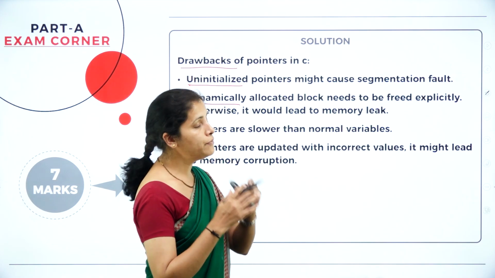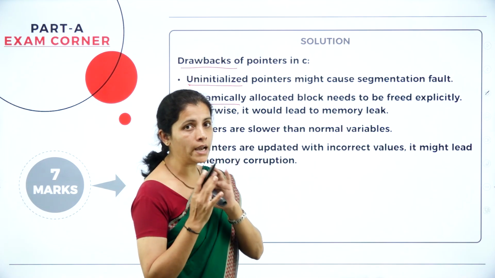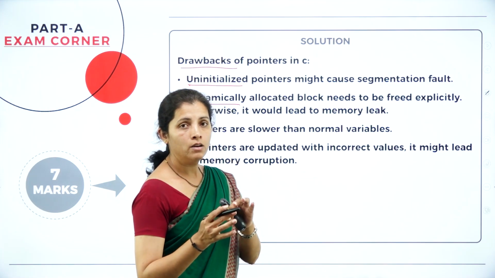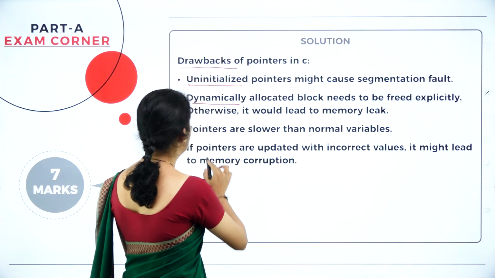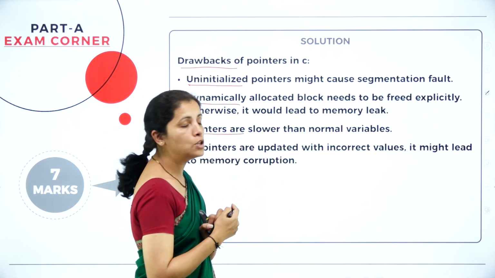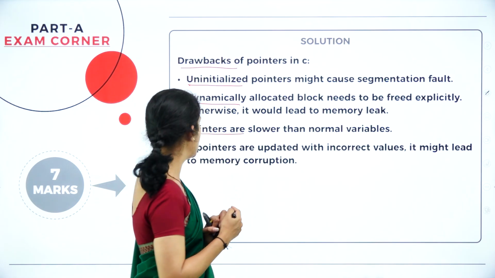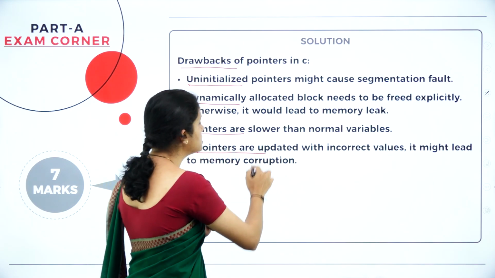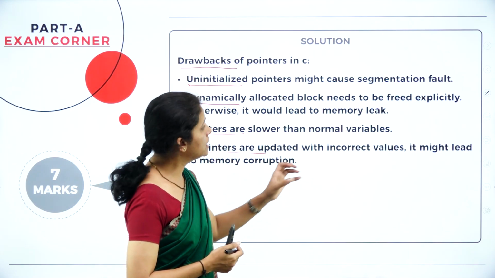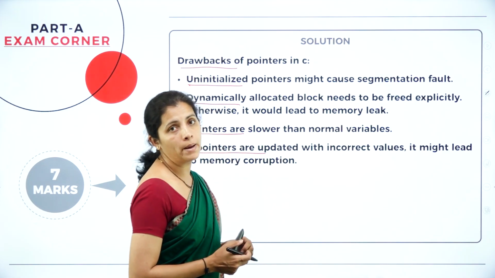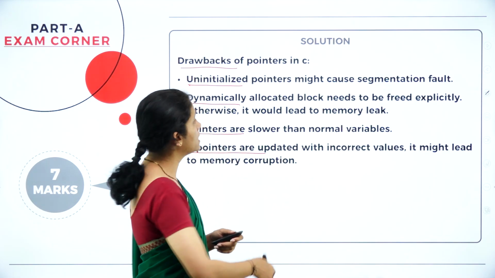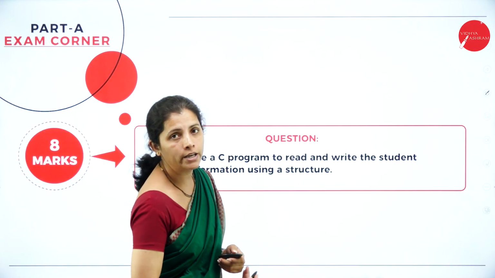For example, if we allocate a block dynamically, then we must free the block. Pointers are slower than normal variables. If pointers are updated with incorrect values, then it might lead to memory corruption. So these are the disadvantages of pointer.